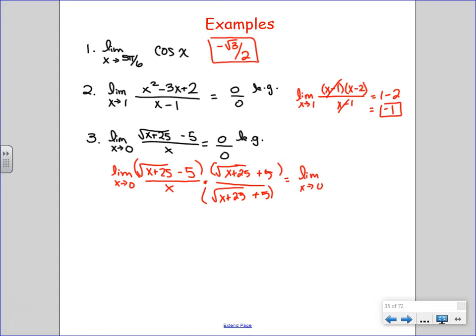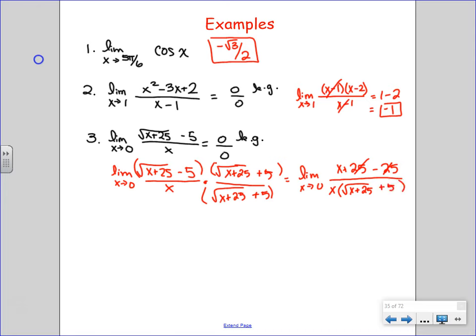It's a difference of squares. It rationalizes. A square root times a square root is the original. Outer, inner cancel. Last will be minus 25. Oh, that's convenient. Over x times the square root of x plus 25 plus 5.